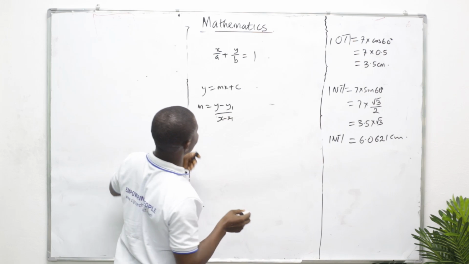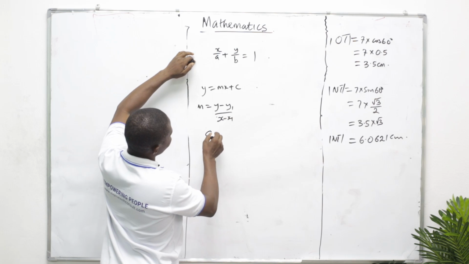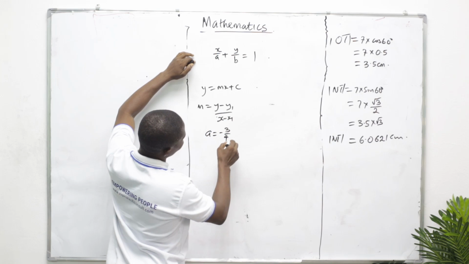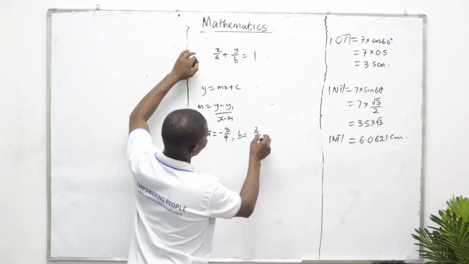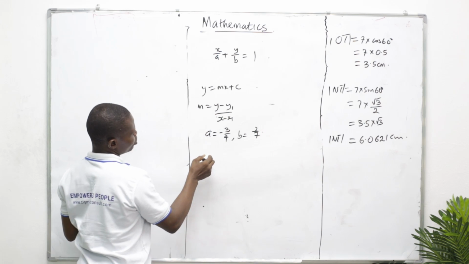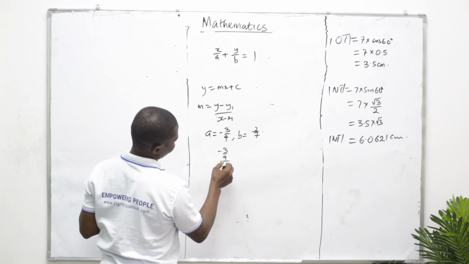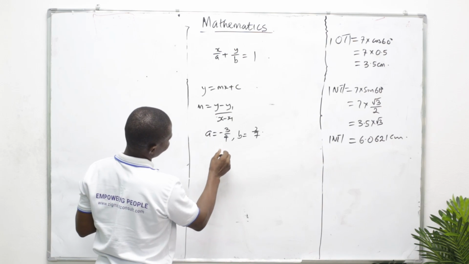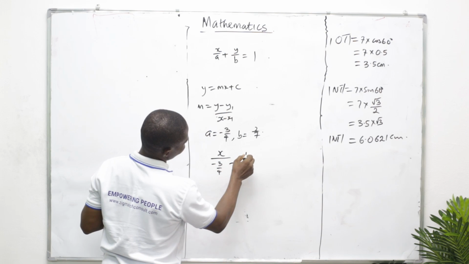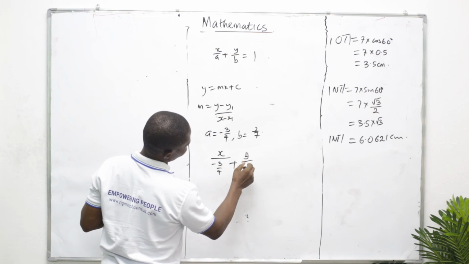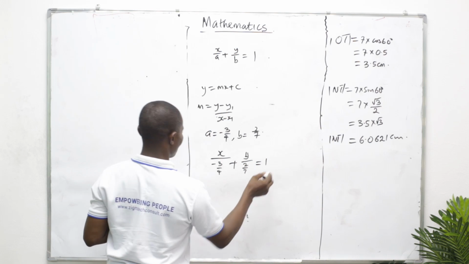So if you want to follow this, the first one, a here, minus 3 over 4, comma b equals 2 over 7. So all you have to do is just fix it. This, x over minus 3 over 4 plus y all over 2 over 7 equals 1.